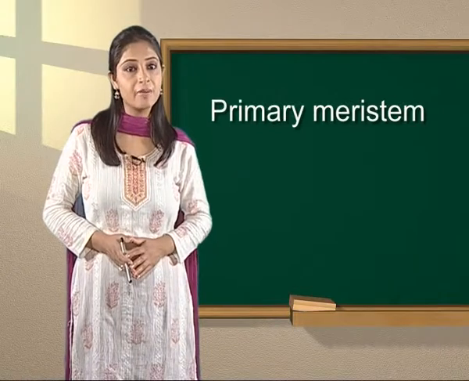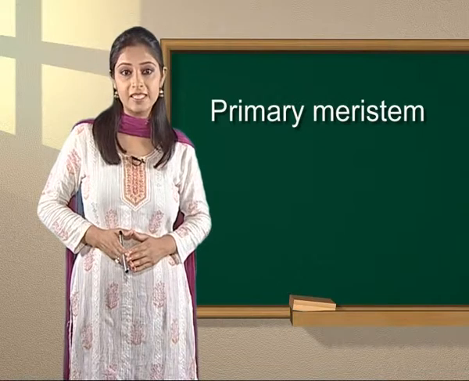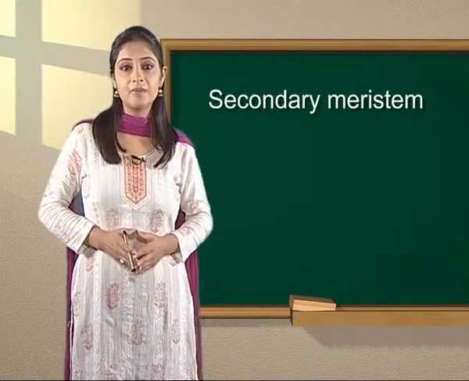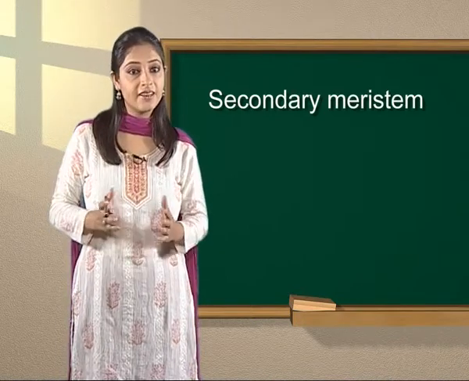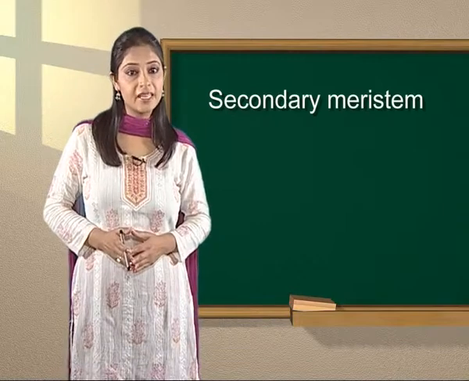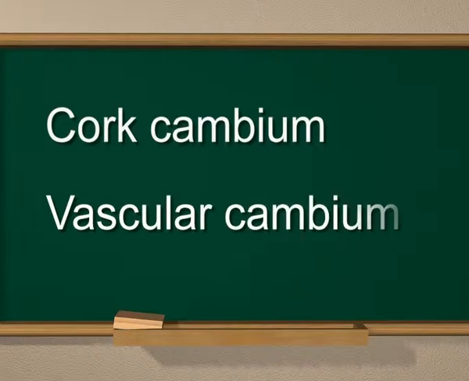Example of primary meristem is meristem found at the tip of the stem and root. The secondary meristem is involved in the thickening of the plant. There are two kinds of secondary meristems, cork cambium and vascular cambium.